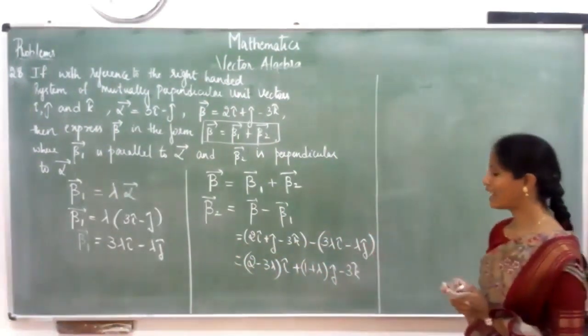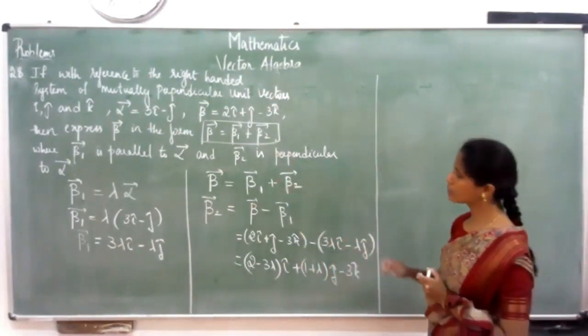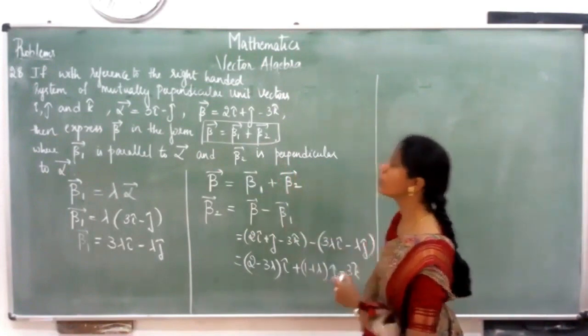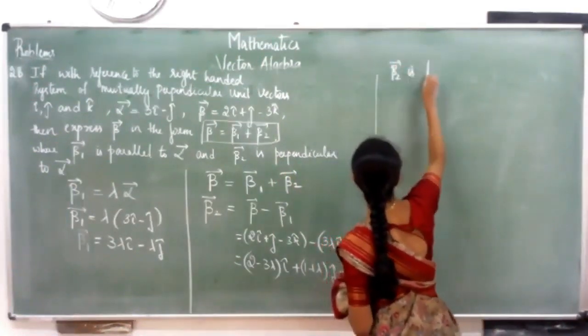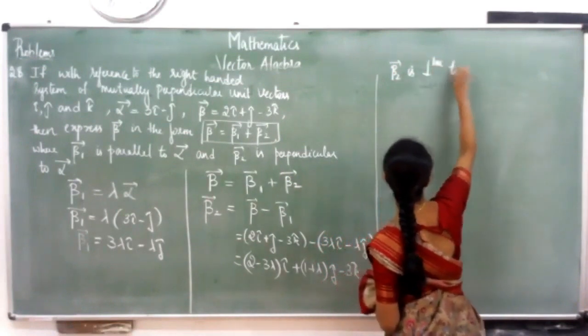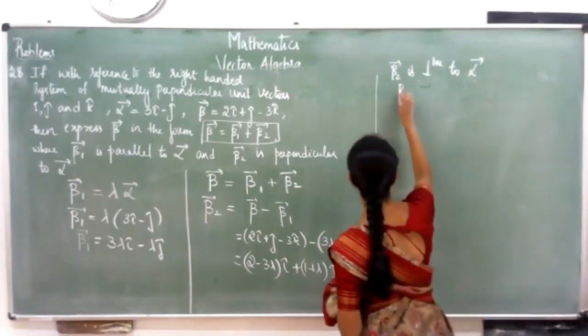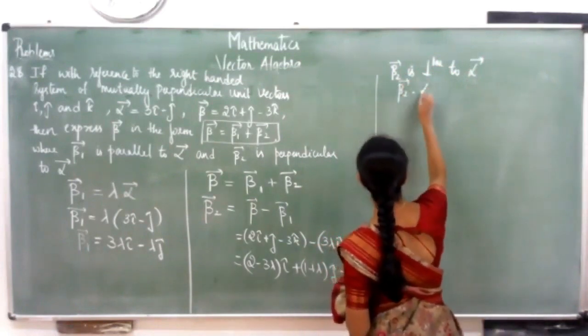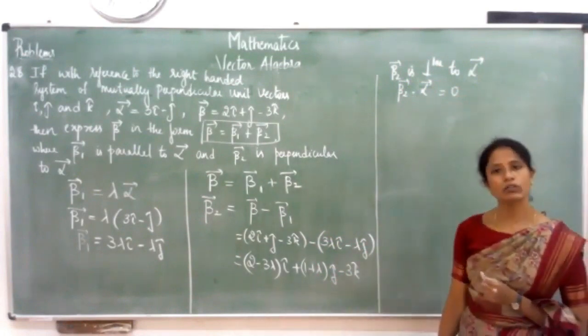In order to find the value of lambda, let us use the second clue given in the question: vector beta 2 is perpendicular to alpha. So it is understood that beta 2 dot vector alpha is equal to 0.